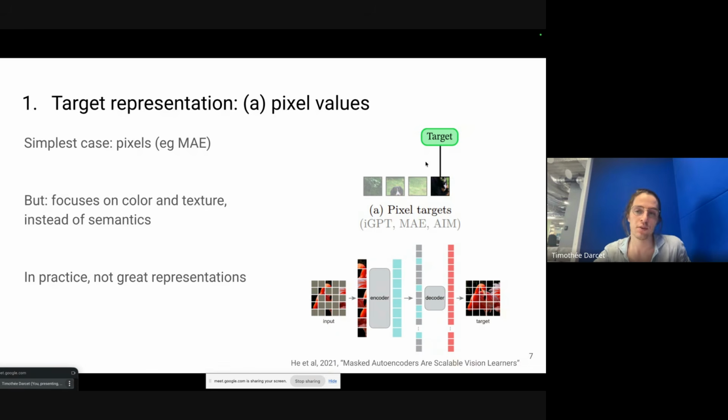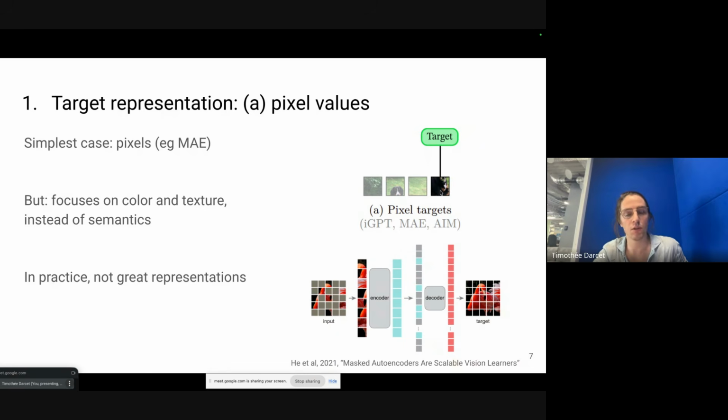If the student sees these parts and tries to predict here and predicts, I don't know, a full black image, well, it's going to have a not too bad loss because most of this patch is black. But it's going to have a much better loss than if it predicted something like a fully brown dog.